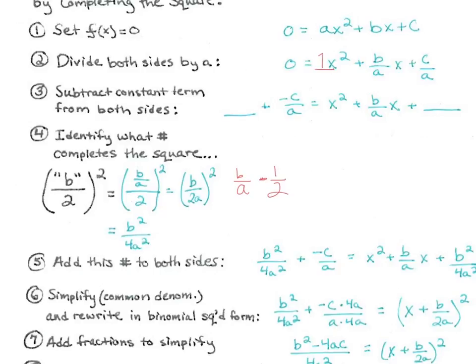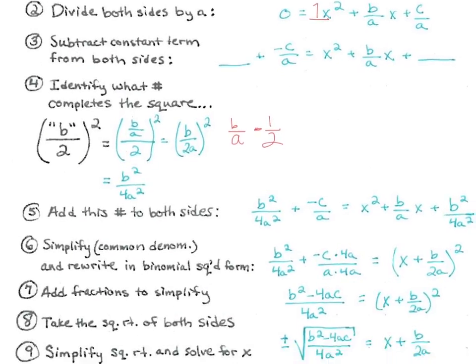So we're going to take our b over 2a all squared. Remember, squaring a fraction like this means squaring the numerator and squaring the denominator. So we actually get b squared over 4a squared here. So this is the number that completes the square, the number that's going to be added to both sides of my equation. And that's what you see in step 5 here.